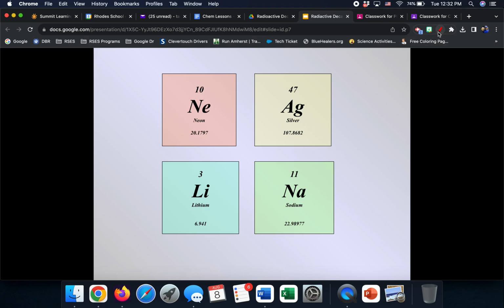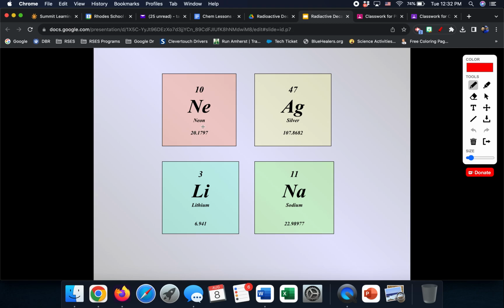If you look at these periodic tiles, the atomic mass is 20.17 for neon. How can we have a decimal? In other words, 20.17 minus 10 would be 10.17. You can't have 0.17 of a neutron.